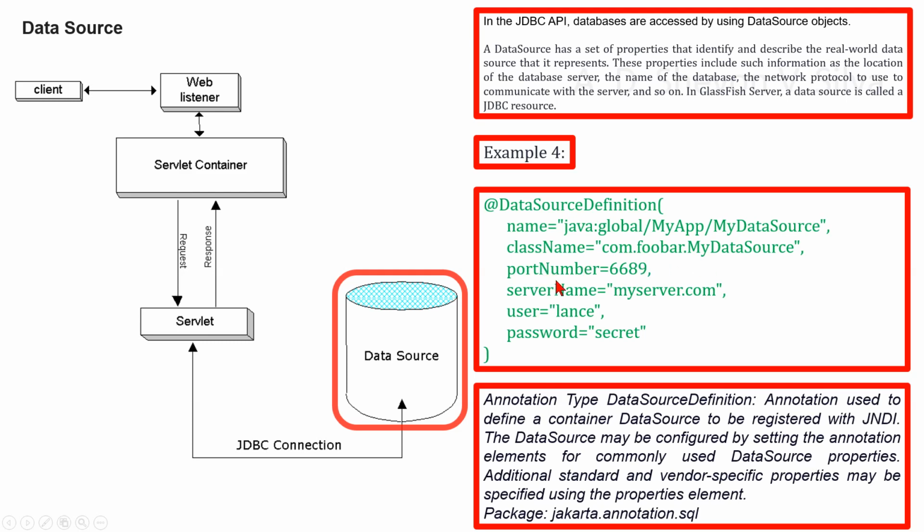Here you can see the optional element int portNumber, the port number where a server is listening for requests. Here you can see String serverName, the database server name. Here you can see String user, the username to use for connection authentication. Here you can see the optional element String password, the password to use for connection authentication.